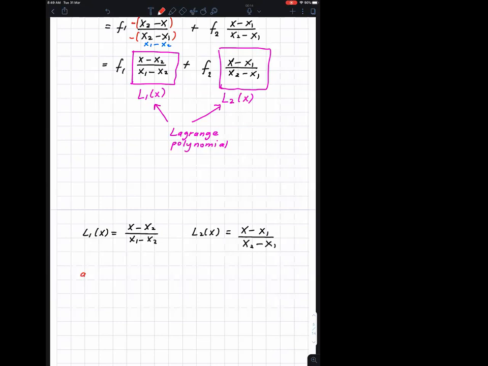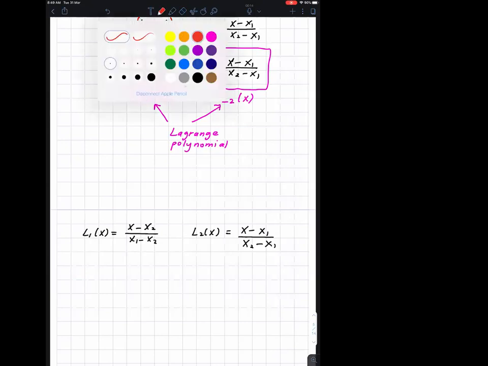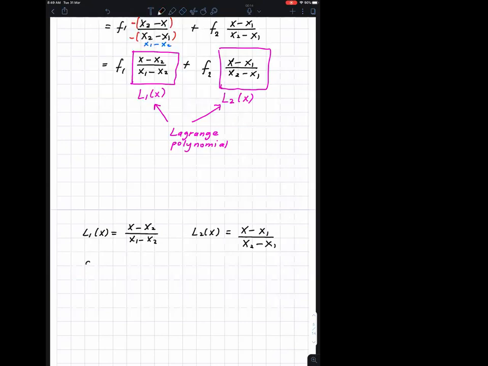Okay, we start. At x equals x2, we evaluate L1.